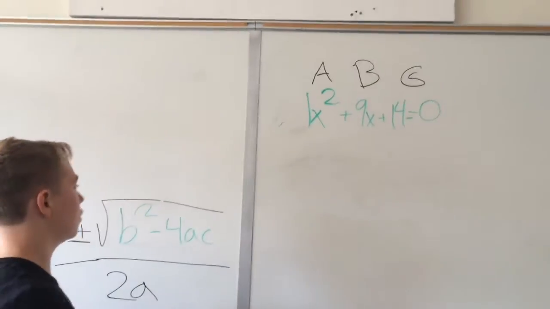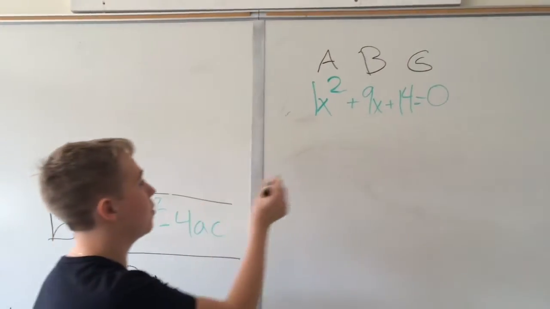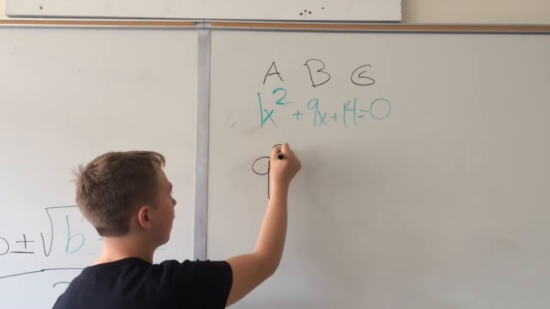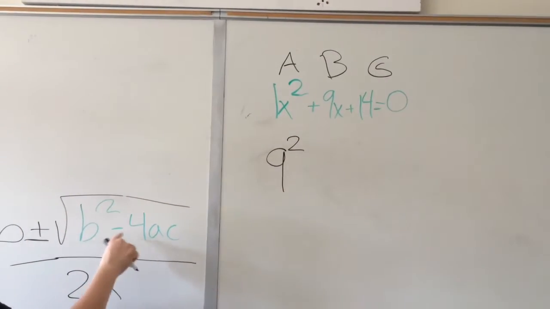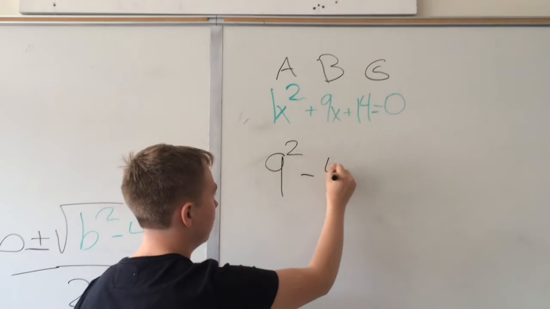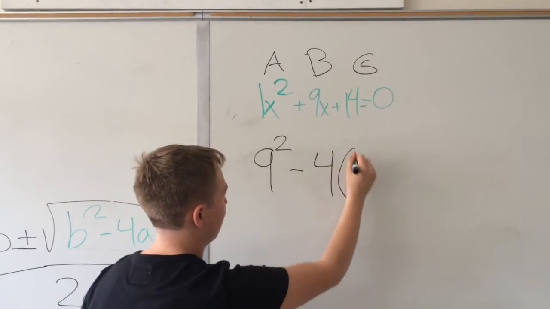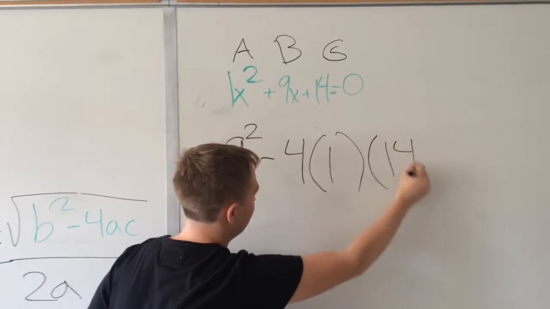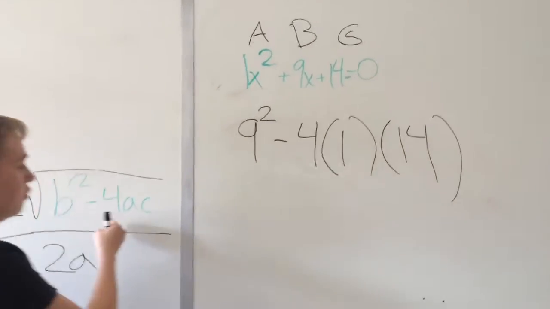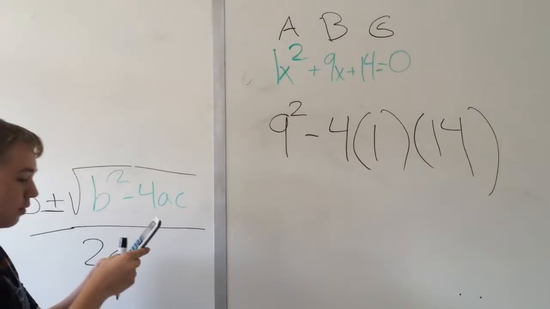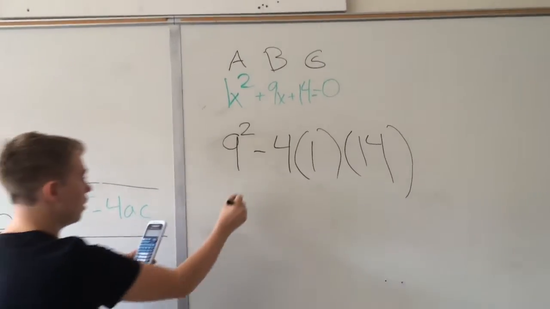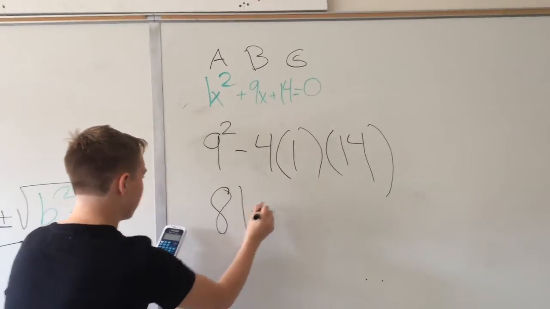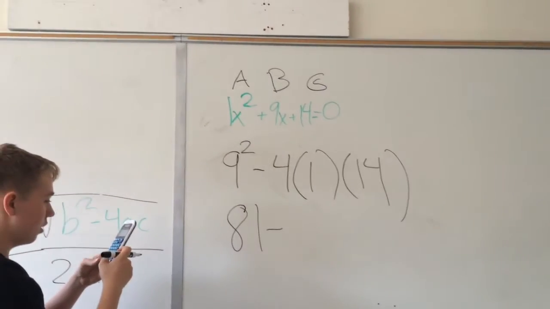So let's begin. So the first one is B. We have to put 9 squared. Then it's minus 4 times 1 and 14. After you do that, you have to do some math. So 9 times 9 is 81. Minus 4 times 1 is 4.